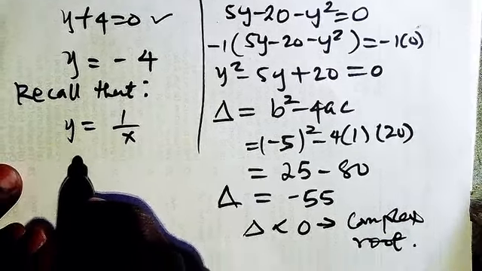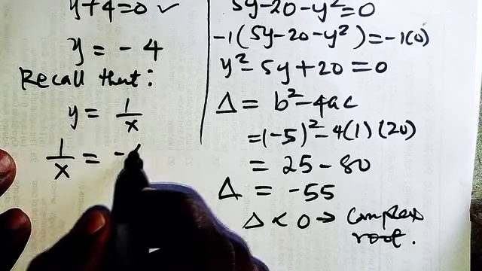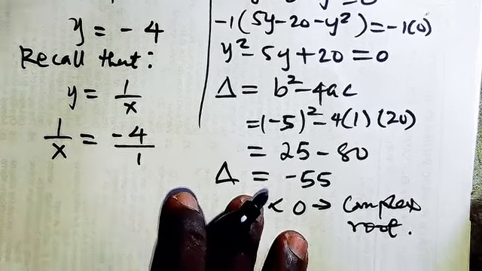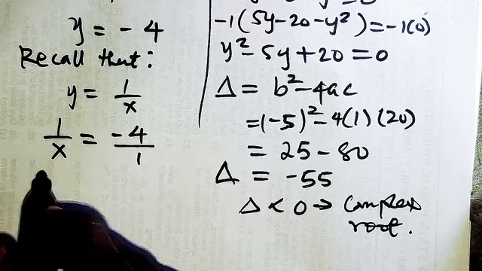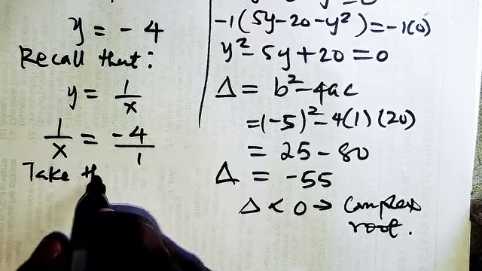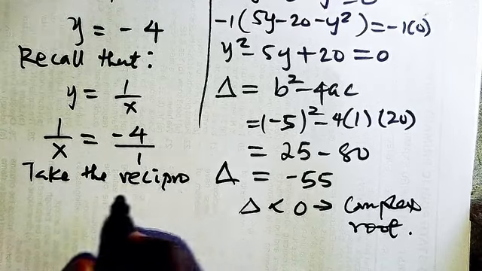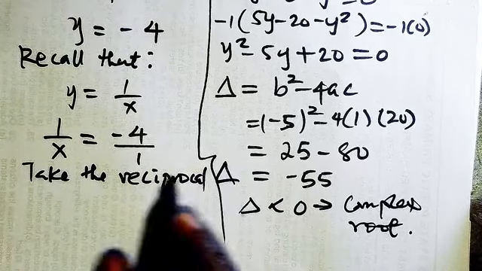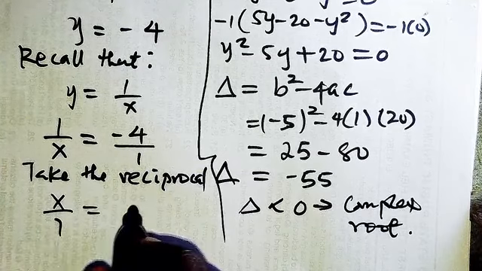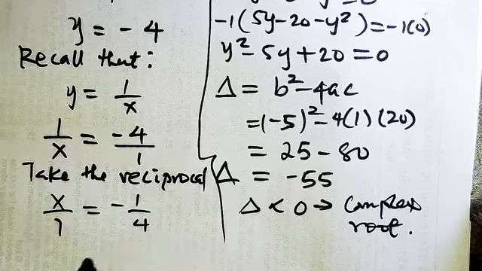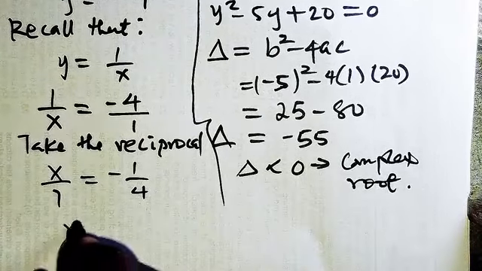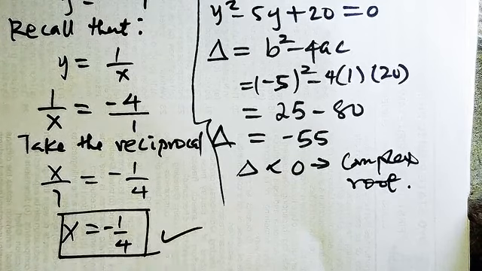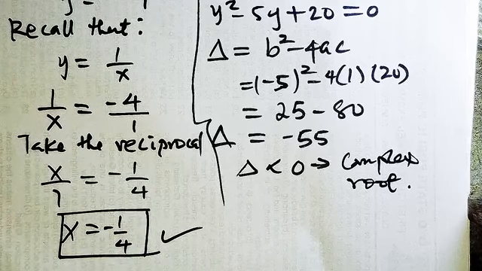I have y to be minus 4, so therefore 1 over x is going to be minus 4. If you try to write this as over 1, it doesn't change anything, right? So now taking the reciprocal of both sides of this equation, we're going to have x over 1 equals minus 1 over 4. So x over 1 is the same thing as x. We have x equals minus 1 over 4. So we have our main solution to be minus 1 over 4.